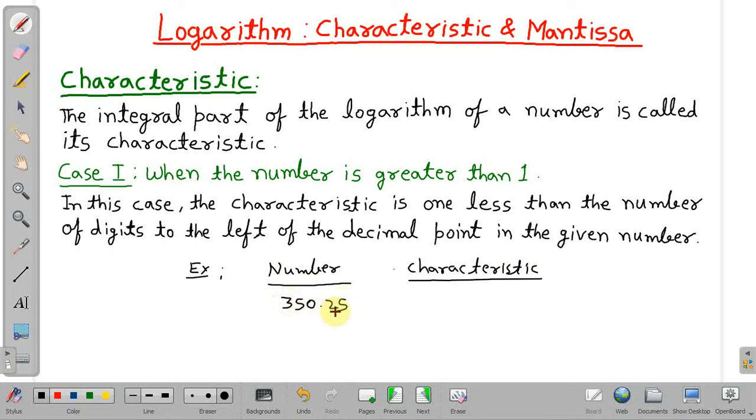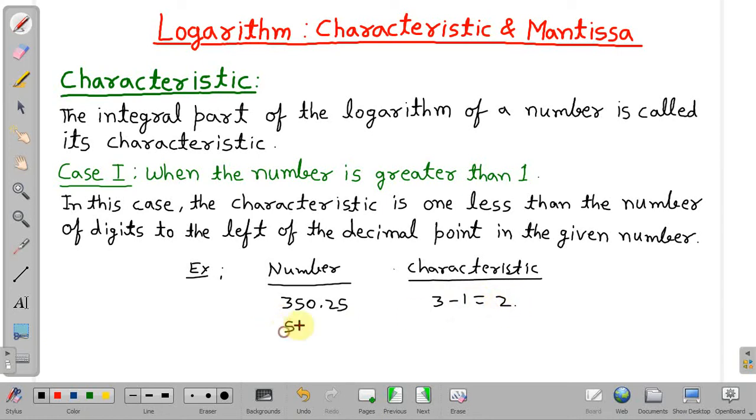So what is the characteristic of this number? We have to see the number of digits to the left of the decimal. So this is our decimal point. It has 3 digits to the left of the decimal point. So the characteristic will be 3 minus 1, 1 less than the number of digits. So it will be 2.